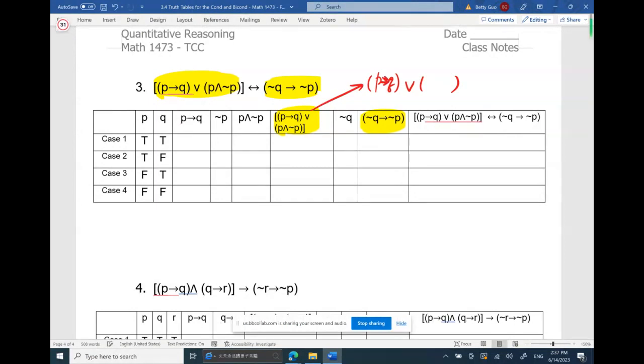The second component is P and not P. This is the first component, and this is the second component of that disjunction. So we need to find the values for those 2 components in order to fill in this column. All right, let's do that.